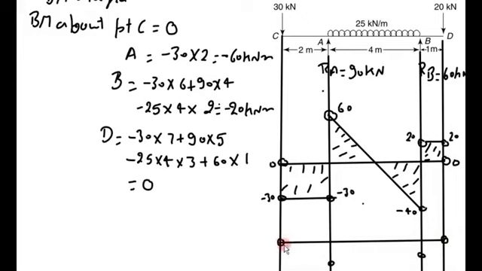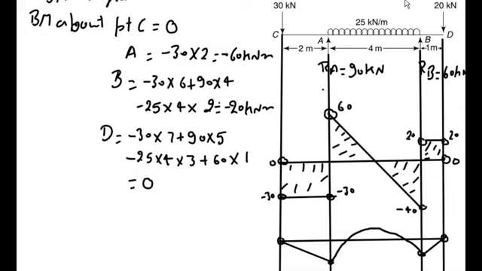Now join the points from C to A with a straight line, B to D with a straight line, and A to B with a curve line, because between A and B there is a UDL. And one more point you have to take care: wherever the shear force diagram changes from positive to negative, here bending moment is maximum. Now this is our bending moment diagram.